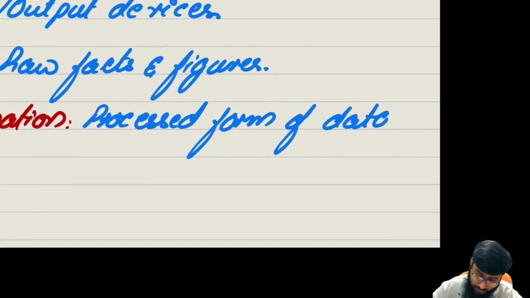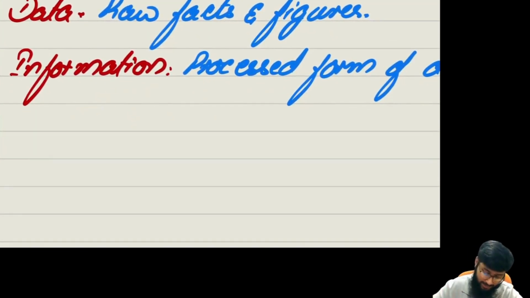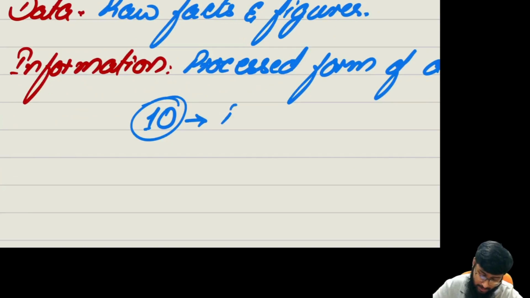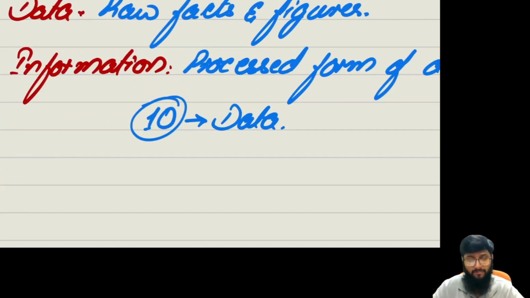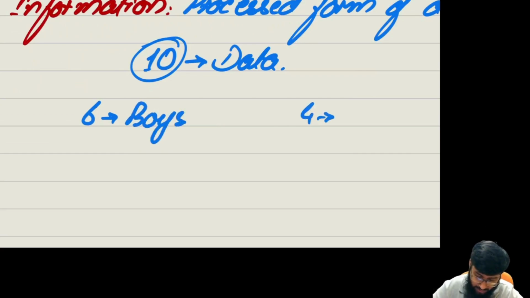Suppose I ask you how many students are there in the class, and you say, sir, there are 10 students in the class. This 10 is termed as data. Now if I ask you to bifurcate them, on the basis of name or gender, and tell me how many boys and girls there are, you will say there are 6 boys and 4 girls in the class.